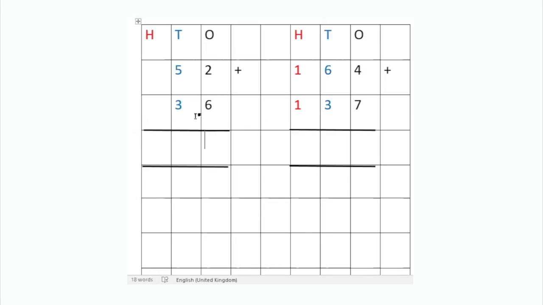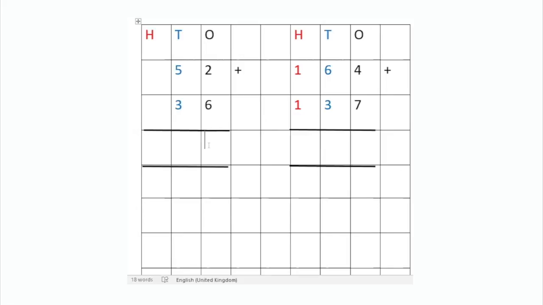So 52 add 36. Looking at my steps to success, I know that I need to add the ones column first. I know I've got my addition and my equal sign. Let's add the ones column together. A lot of you at home might want to use different concrete resources to help you to add the numbers together. If it's a question like 2 add 6, you might want to use counters to help you add them up. There's lots of concrete resources you can use to help you add numbers and also subtract numbers.